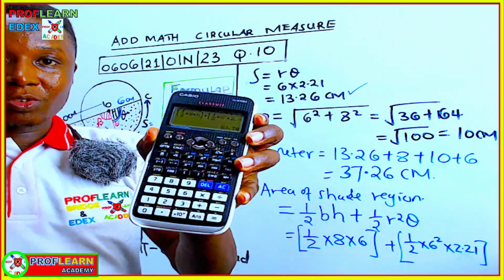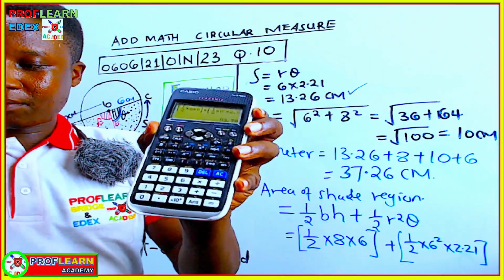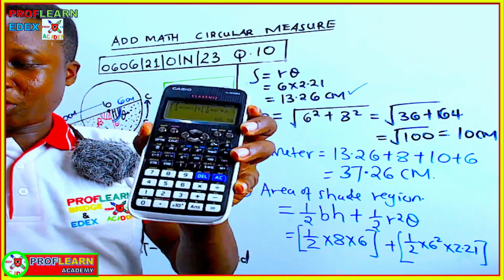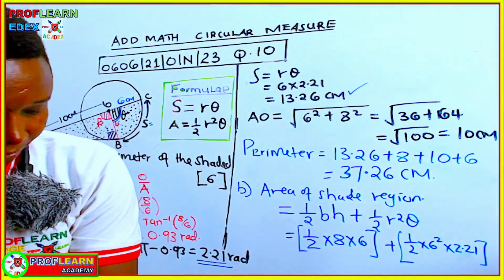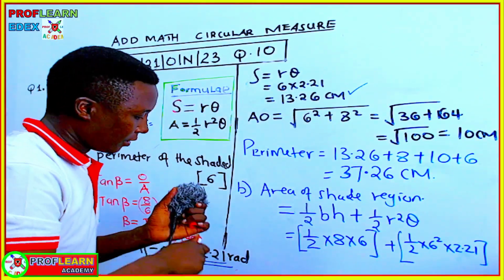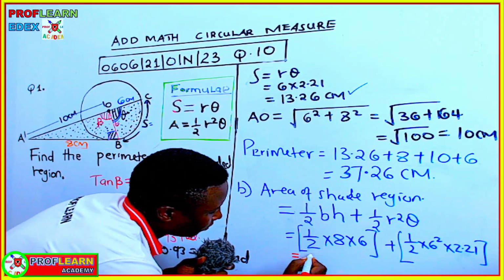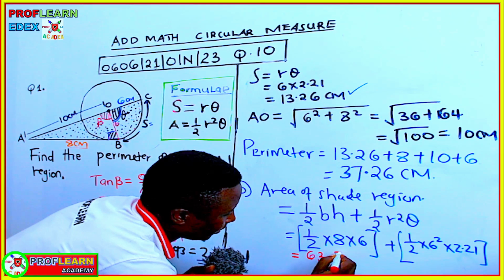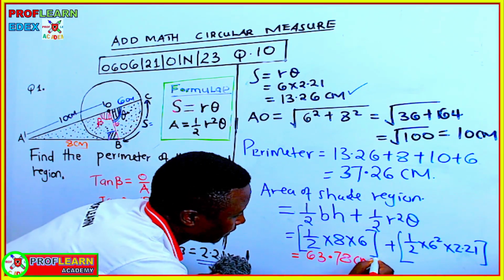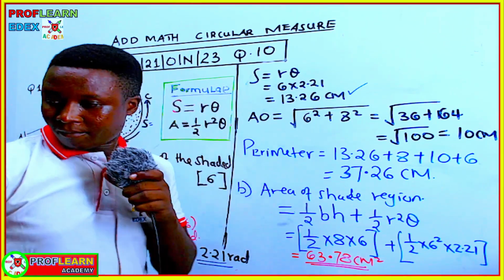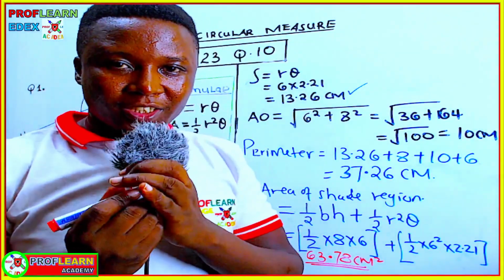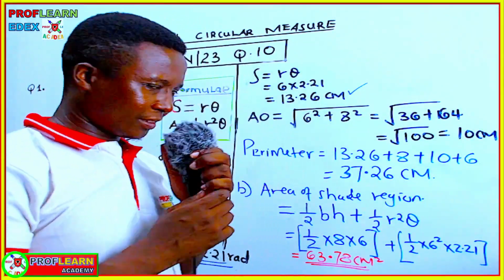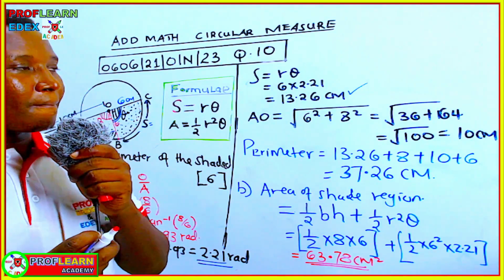My answer is 63.78 centimeters squared. So basically, that's what you're supposed to do in order to work out questions like this, right?